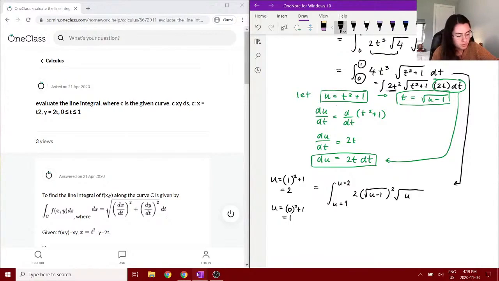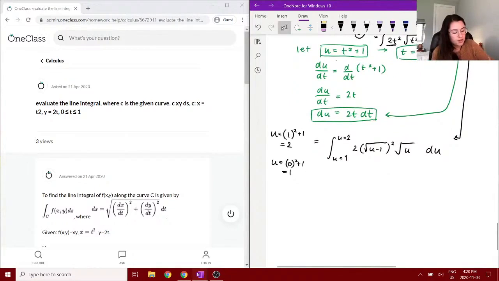So we just have the square root of u. And for replacing the 2t times dt, we created this du term. Hopefully that makes sense. So we have all new bounds for u. We substituted all the t's with u's, and after rearranging, we'll be ready to take the integral.